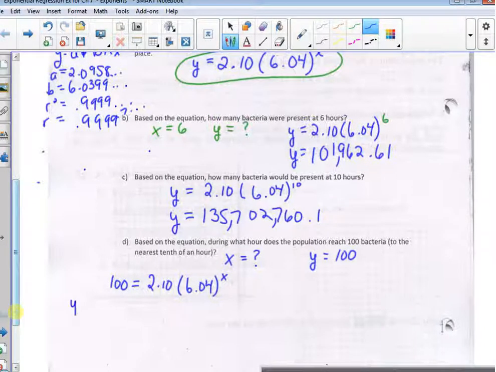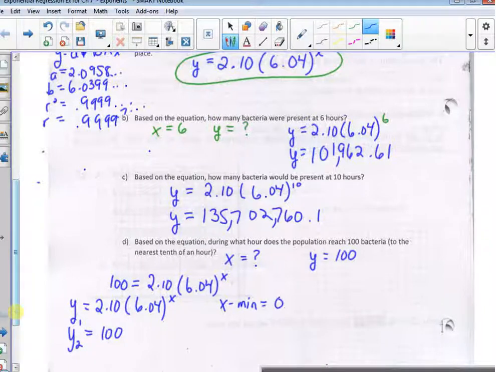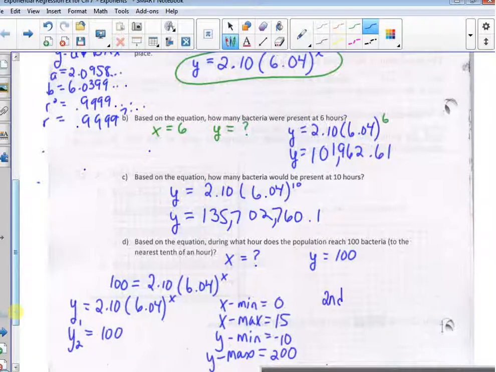And so in y1, I put 2.10 times 6.04 to the x, and in y2, I put 100, and I had the x min at 0, it just happened to work, and the x max at 15, I could probably do 10, and I had the y min at negative 10, and the y max, I think 200 was fine, and then we did second trace intersect.